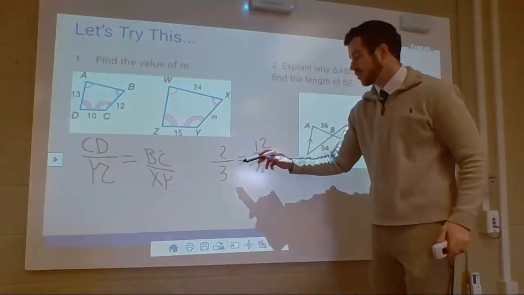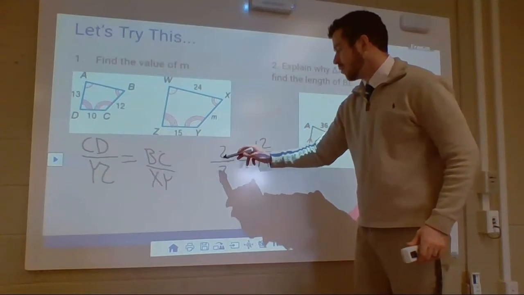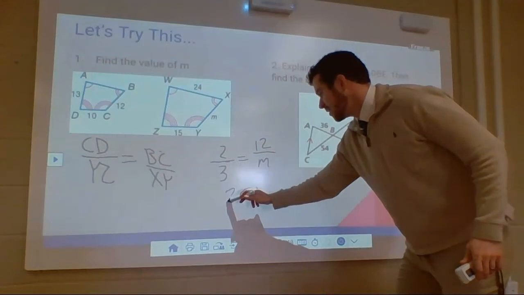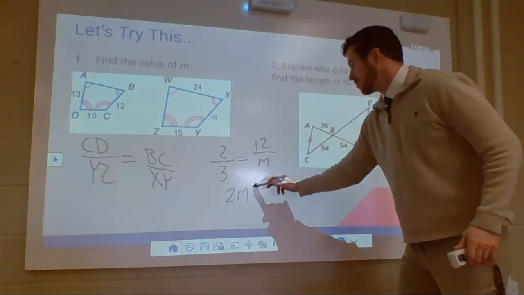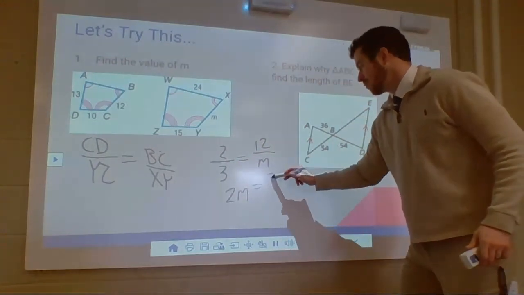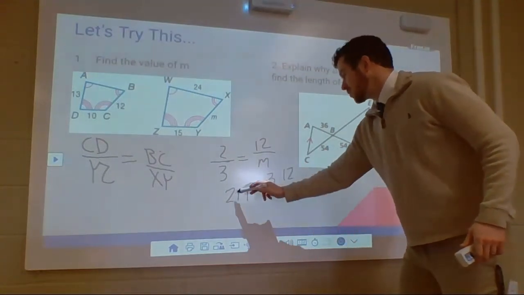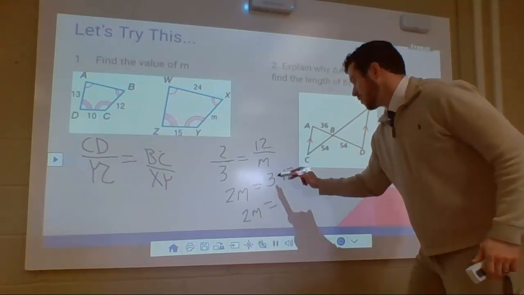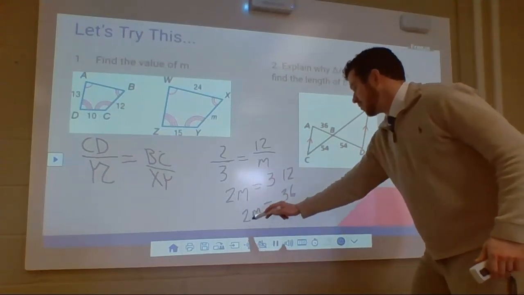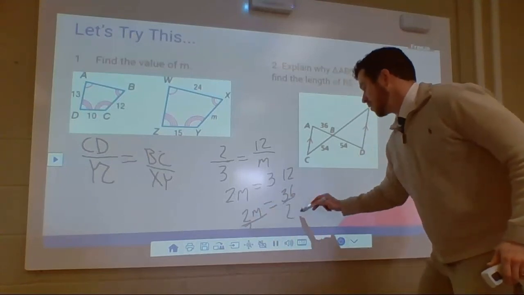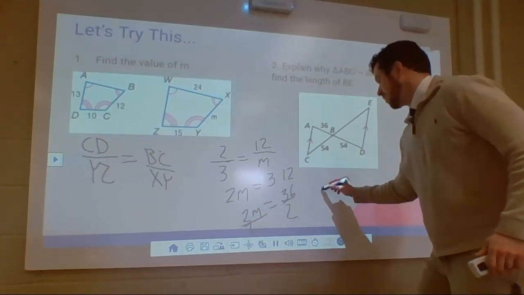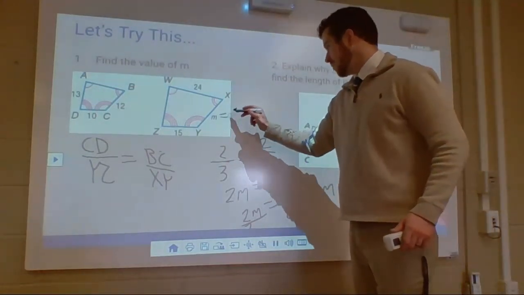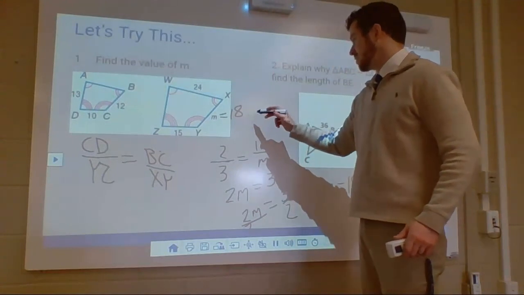To solve a proportion, we need to cross multiply. So you multiply diagonally. So 2 times m, or 2m, equals 3 times 12. Well, 2 times m is 2m. 3 times 12 is 36. And then we just divide both sides by 2. And we get m equals 18. So the length of m equals 18. We can say 18 units.